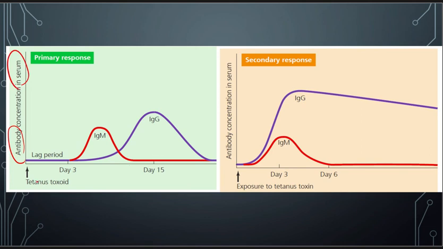If we, for example, were to look at the tetanus toxoid, which we know toxoids to be pretty much inactivated exotoxins, which can be used as a vaccine so that it can induce an immune response.